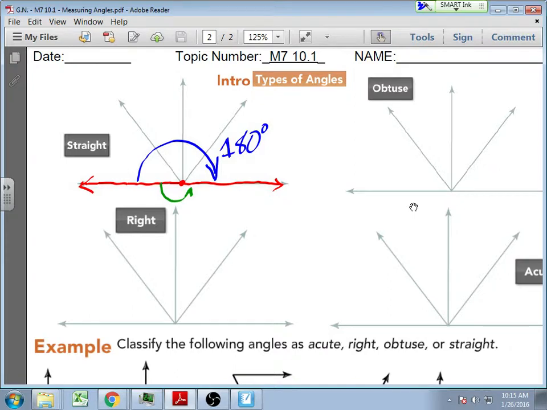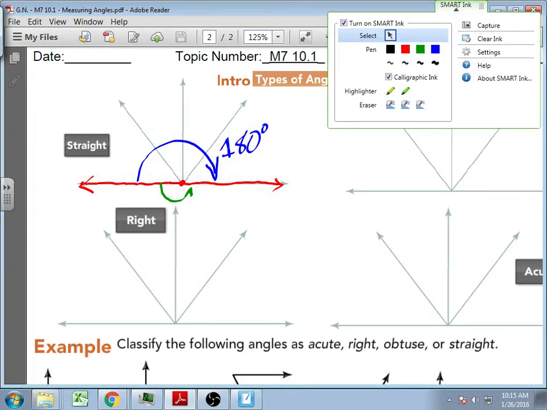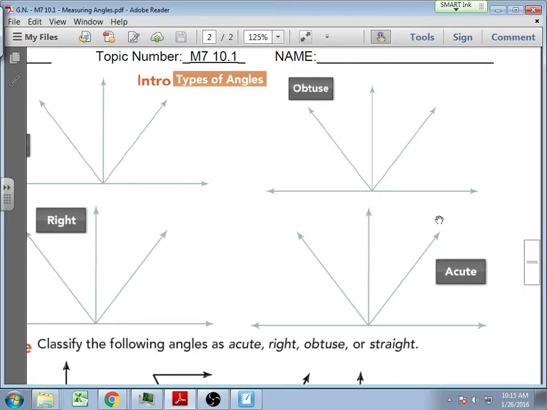Now when we look for an obtuse angle, I'm going to draw you two options. You only need to draw one option on your paper. You can draw two if you have colors, but if you don't have colors, I do not suggest it. If I start out here, I hit my intersection, should I take line A, B, or C to make an obtuse angle? C, because it has to be bigger than 90 degrees. So if I were to approximate what this looks like, I'd say this is probably about like 120.